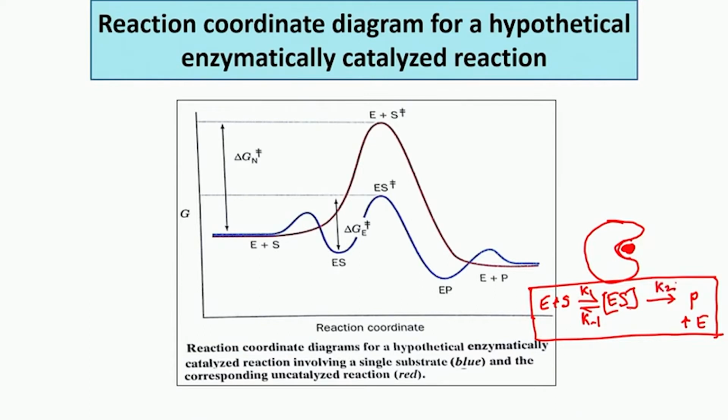So, this K2 will ultimately give the product, the rate process for the breakdown of the ES complex into the product.